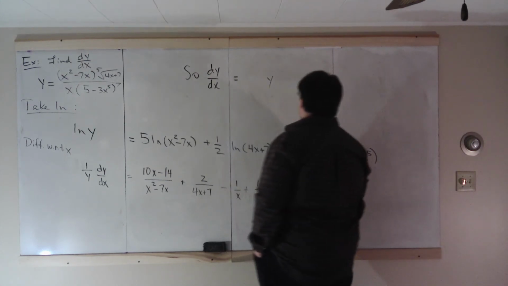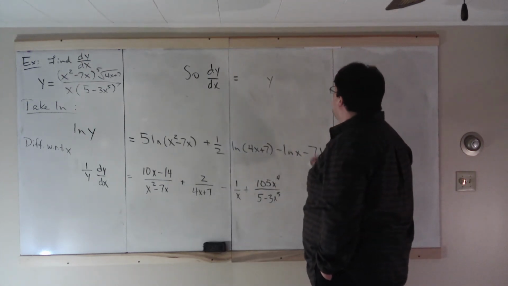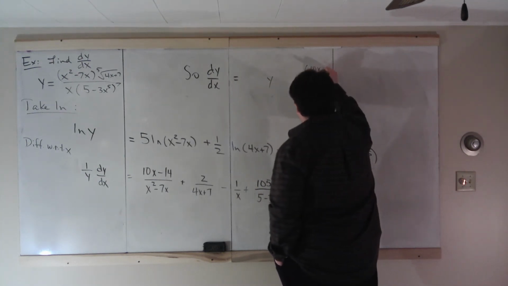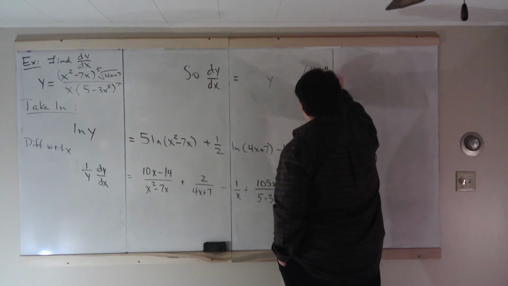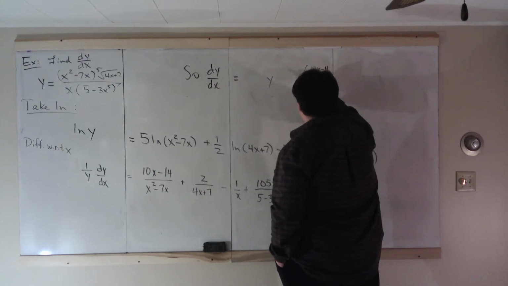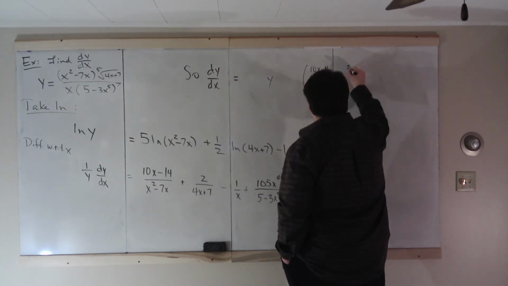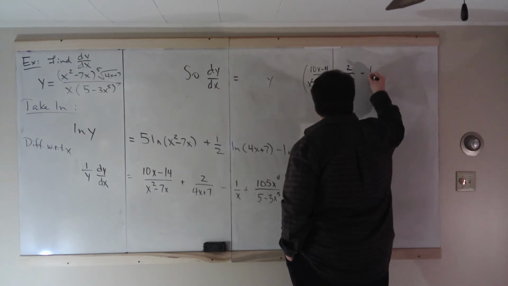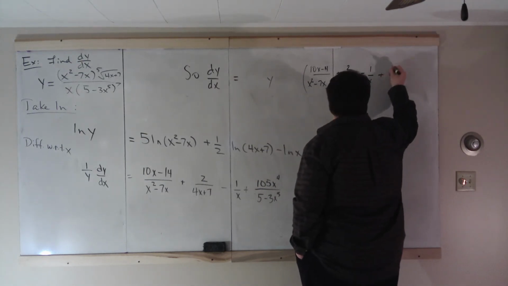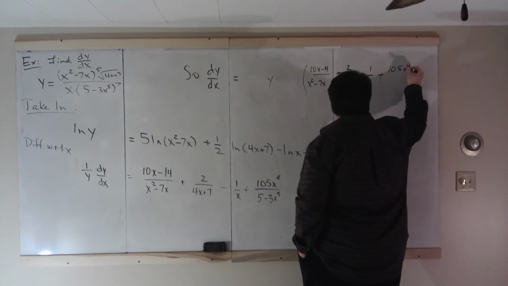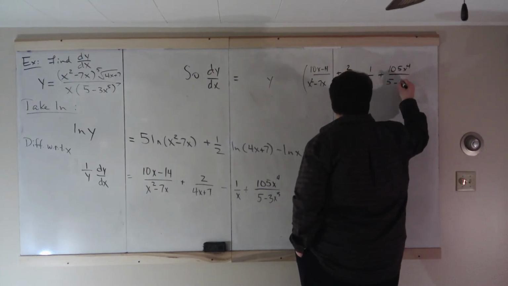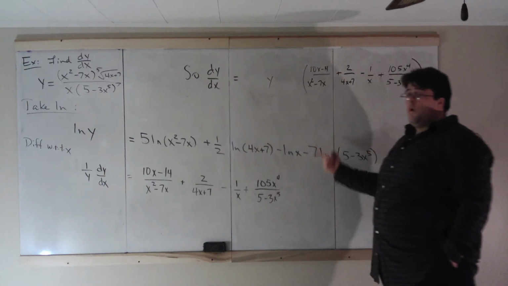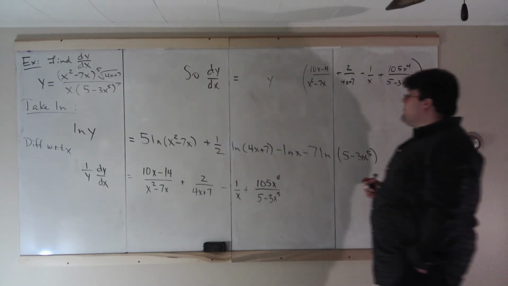You might not want to write this till I'm done. We get 10x minus 14 all over x squared minus 7x plus 2 over 4x plus 7 minus 1 over x plus 105x to the 4 over 5 minus 3x to the 5th. All of that times y, but y equals that fraction from the beginning.